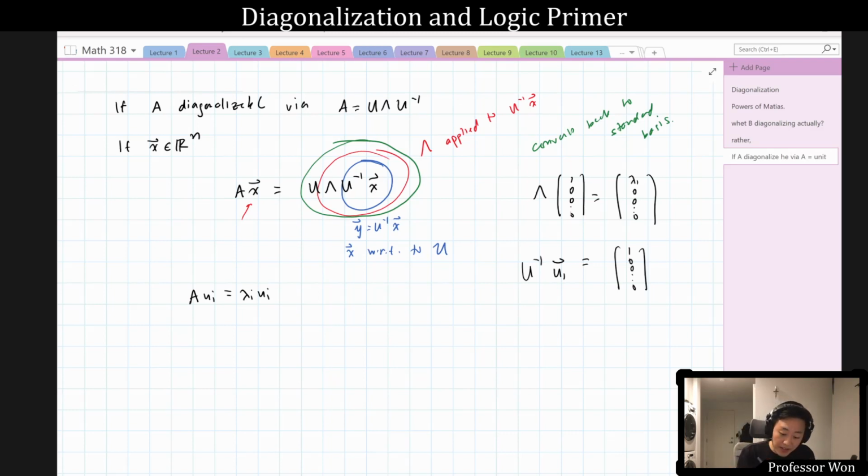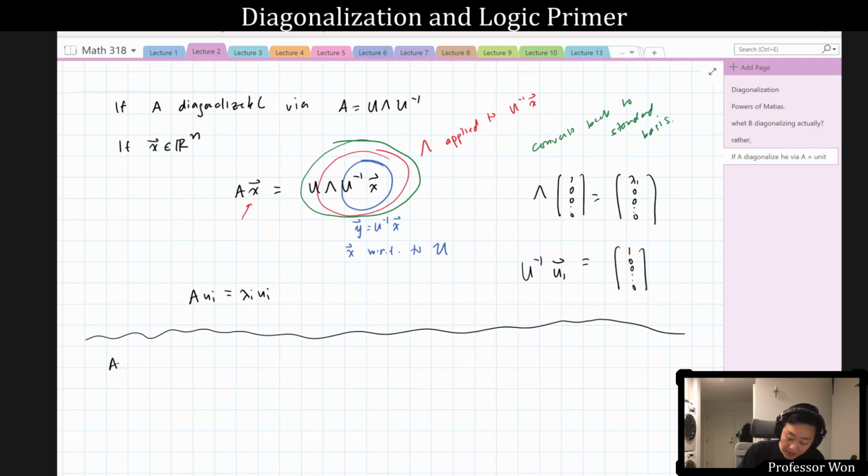Okay, so another way that it's written in your notes is, if you want to understand Ax with respect to the basis u. Another perspective, trying to give you more than one way to think about this. Let's live in a world that always uses the basis u.